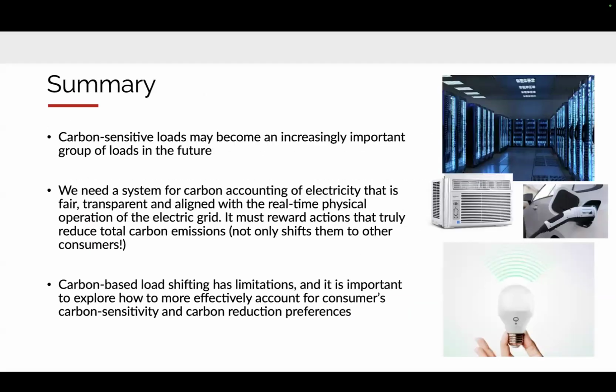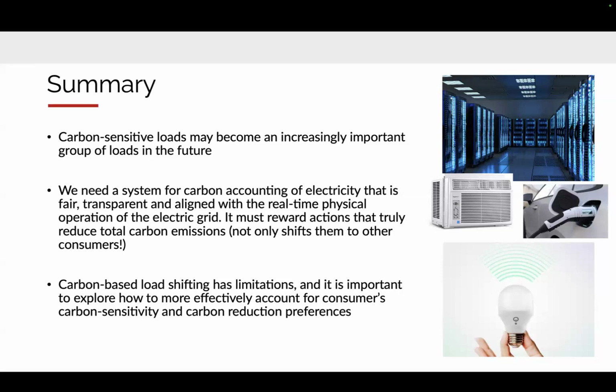Okay, so I'll probably end there. What I've been trying to tell you is that carbon-sensitive loads, I think, might become an increasingly important group of loads in the future. I think there's a potential that they could really help reduce emissions. But if that should be possible, we have to have a system for carbon accounting that is fair, transparent, and aligned with the physical operation of the system.